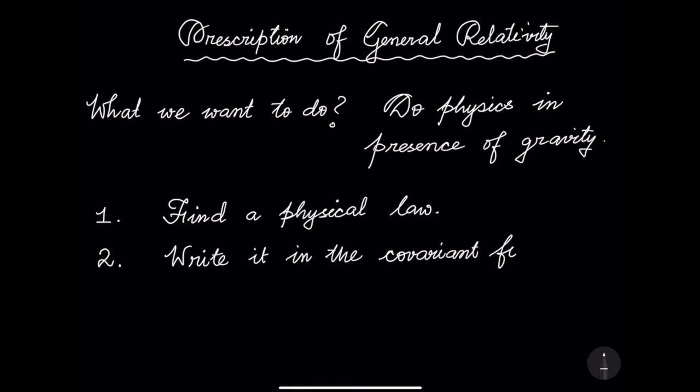Okay, one thing I forgot when I say write it in a covariant form. This physical law first you find in an inertial frame. So how do you write down this physical law in an inertial frame? That is what you do first. And as we have seen, any particle freely falling in gravity is in a local inertial frame.